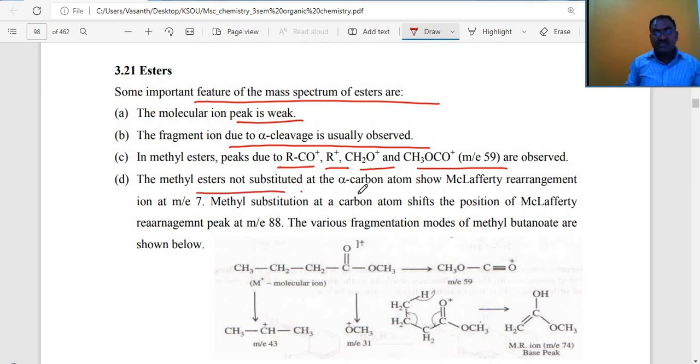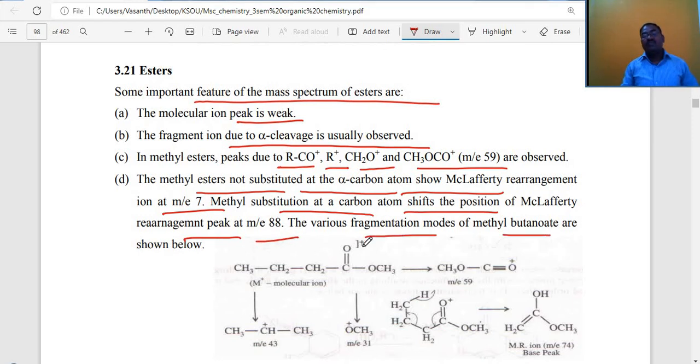Methyl esters not substituted at the alpha carbon show a McLafferty rearrangement ion at M by E 74. Methyl substitution at the alpha carbon shifts the position of the McLafferty rearrangement ion peak. The various fragmentation modes of methyl butanoate are shown here.